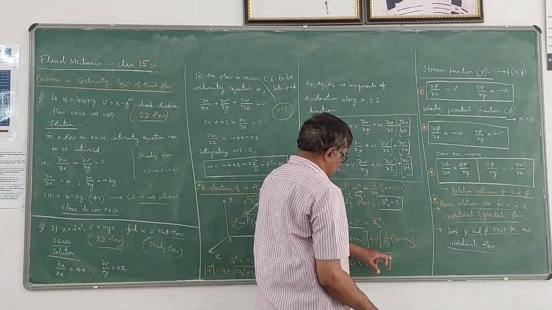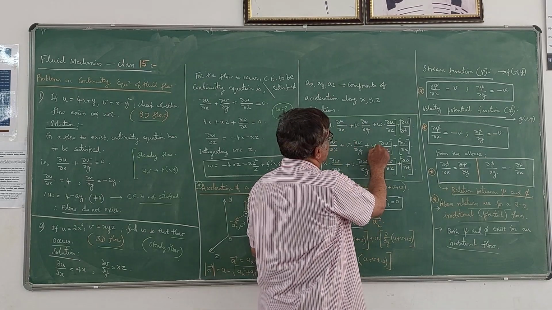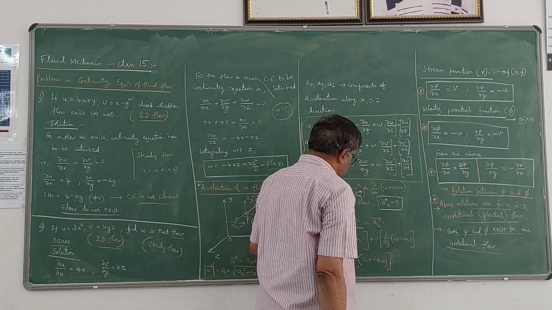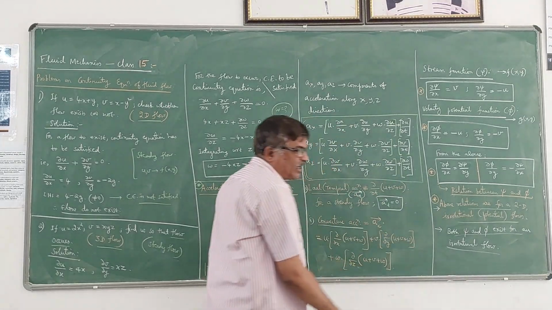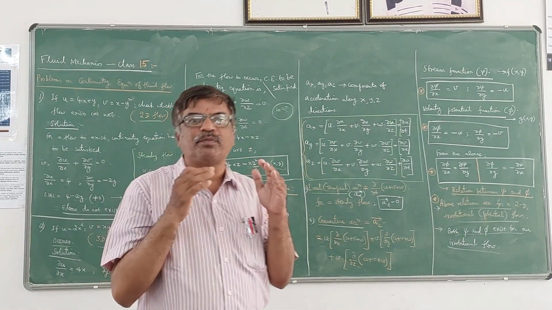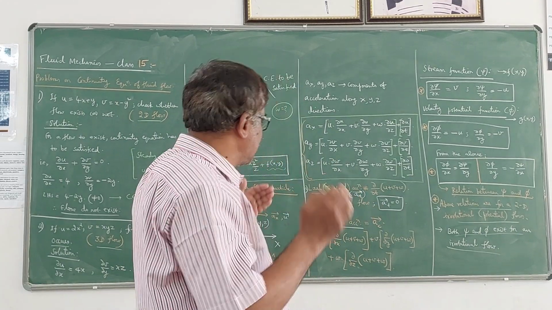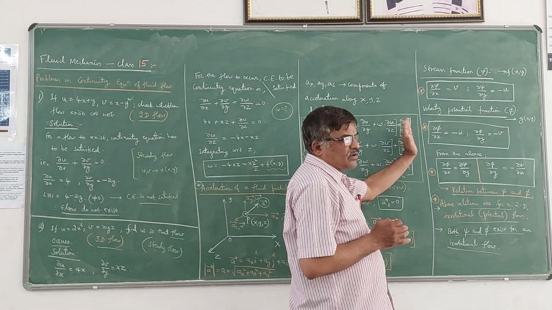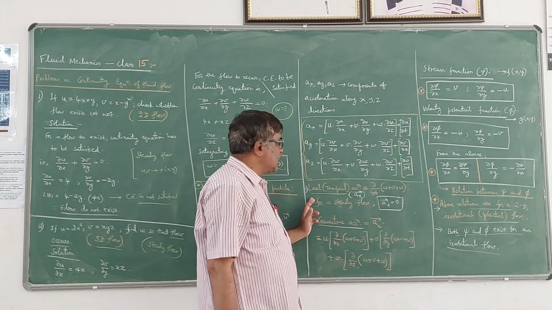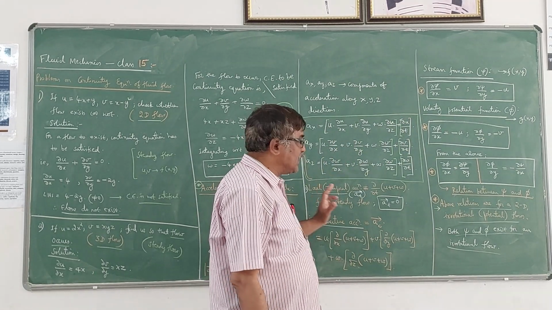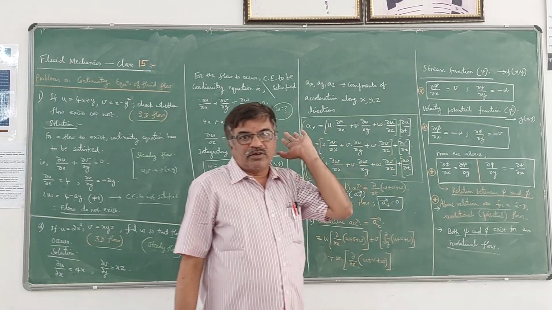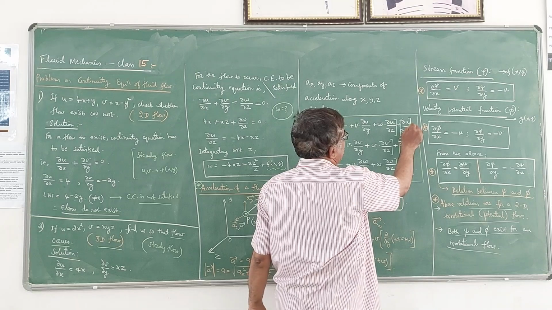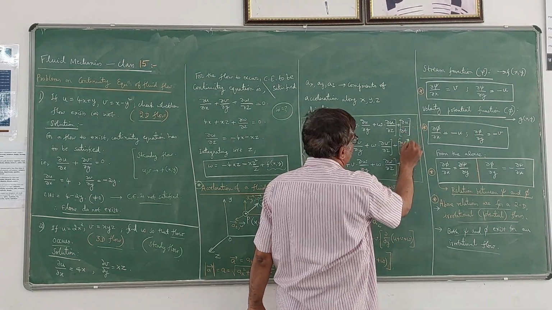Then in the third term w is common, into dou by dou z of u plus v plus w. So this is called the convective acceleration with respect to space coordinates. The second part is called the local acceleration or temporal acceleration, that is with respect to time. So if you have these three terms, dou by dou t is common, into dou by dou t of u plus v plus w.